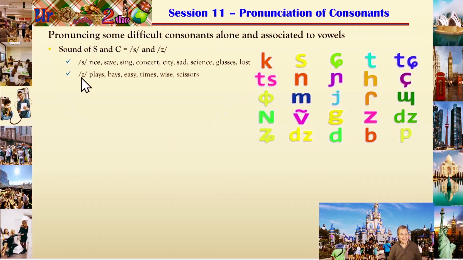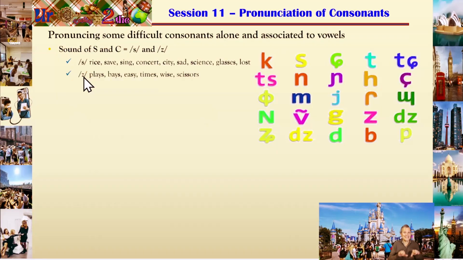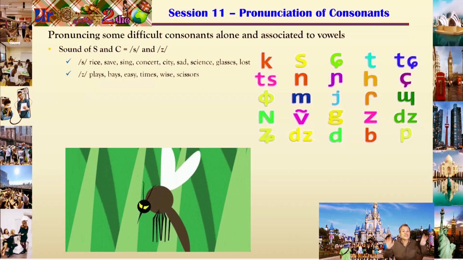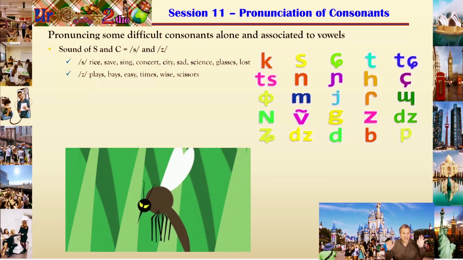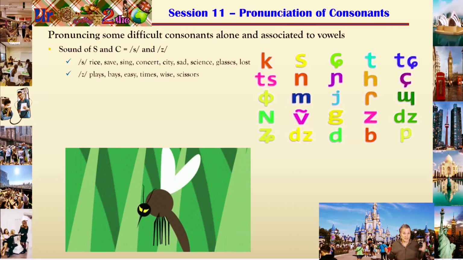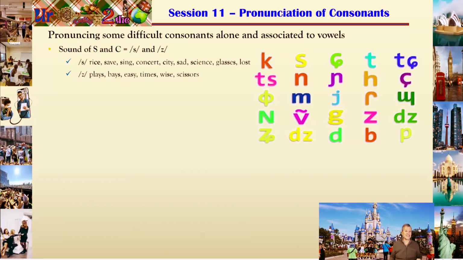Now, like Z, in this case, this S is a kind of buzzing S, like the sound that is made by a mosquito buzzing, right? Zzz. Obviously, I'm exaggerating a little for you to grasp the sounds, right?